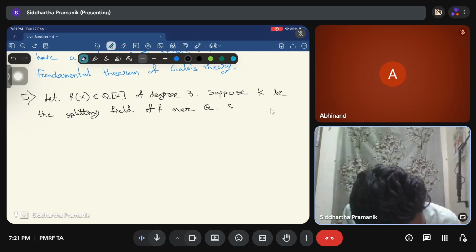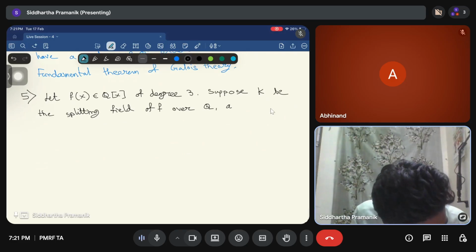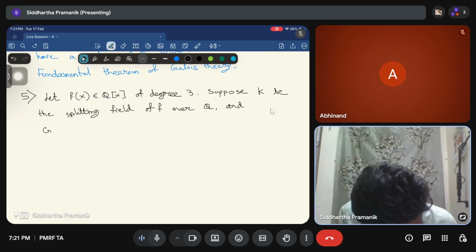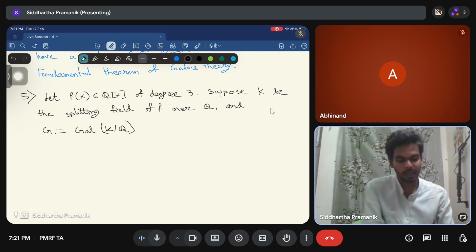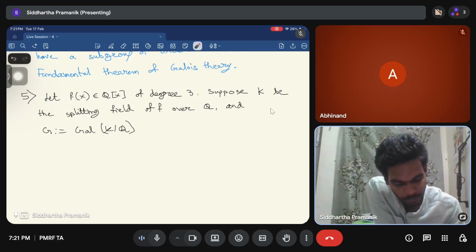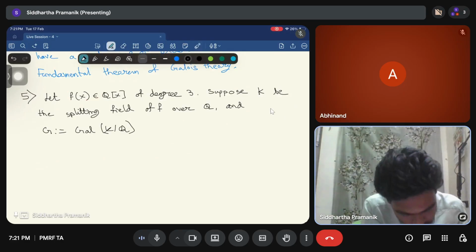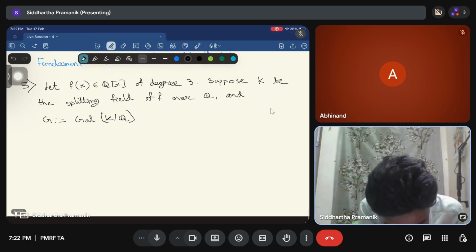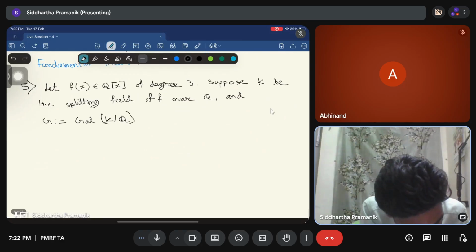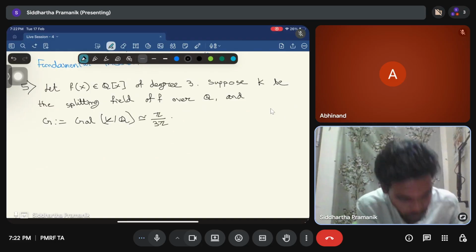Let G be the Galois group of K over Q. So basically G is the Galois group of this polynomial f over Q. That is standard terminology. And this is isomorphic to Z mod 3Z.